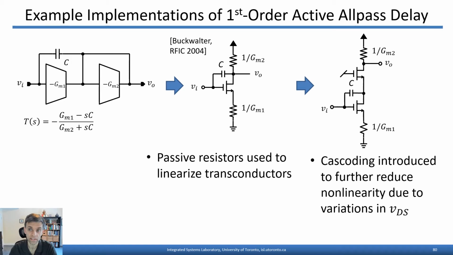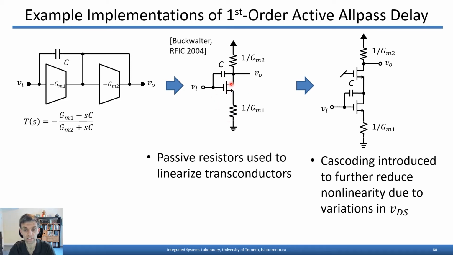Now here's a slightly different approach to realizing this same GMC all-pass first order delay, but with higher linearity. In this case, the transconductances are being provided by passive resistors, as passive devices are going to be a more linear transconductance than a transistor, of course. What's shown here is that with source degeneration, the transconductance GM1 will be dominated by 1 over the value of this resistor rather than the small signal nonlinear transconductance of the MOSFET itself.